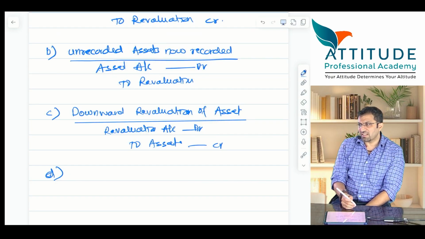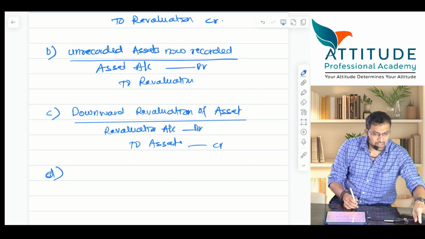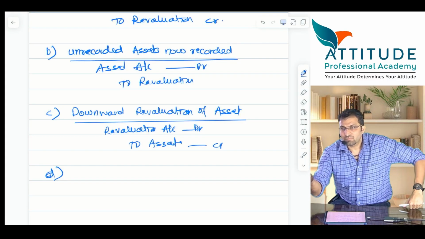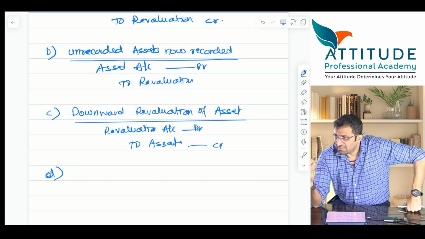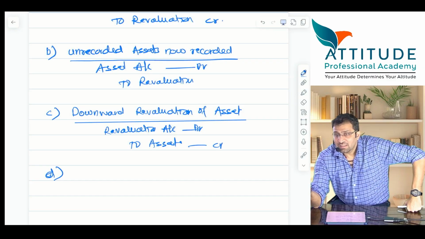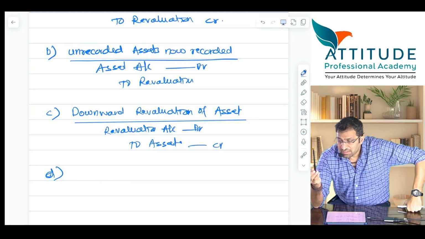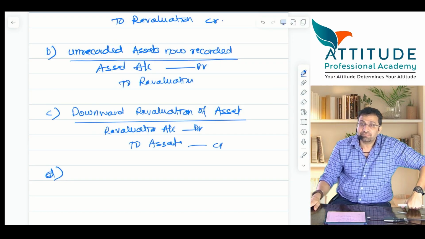Let me see how many of you can answer this. Now, let us assume there is an asset. Nityashri, this is an asset. I am going to be a partner, but before that, I don't want this asset in the partnership firm.